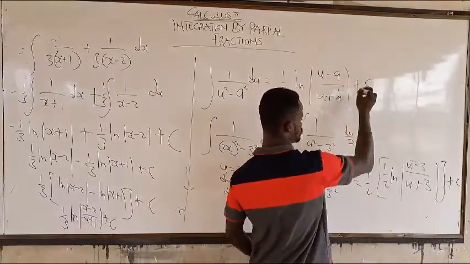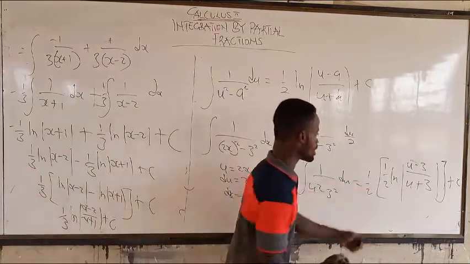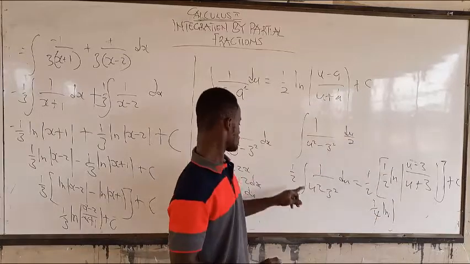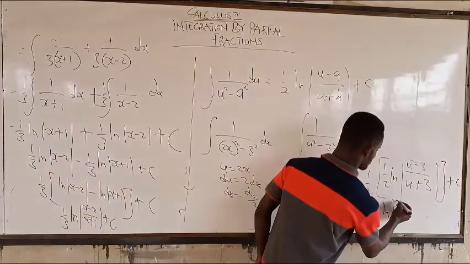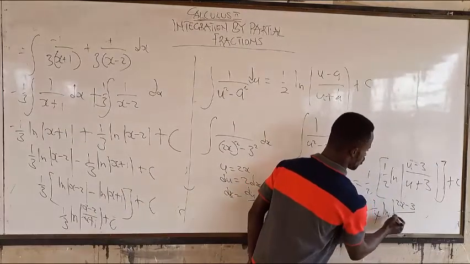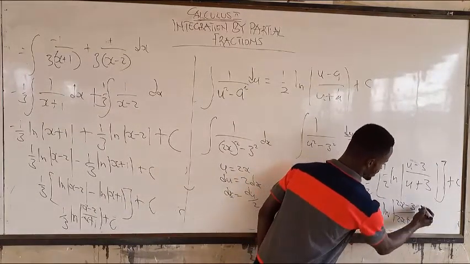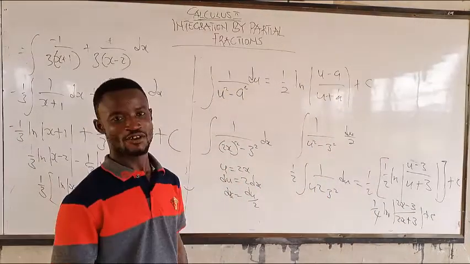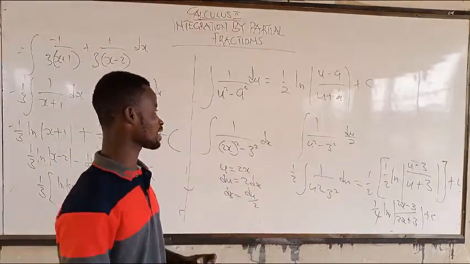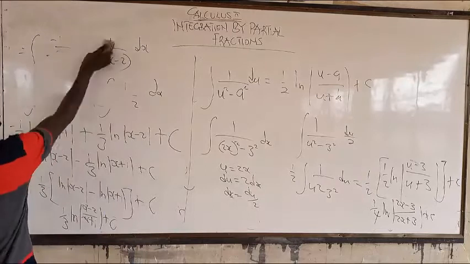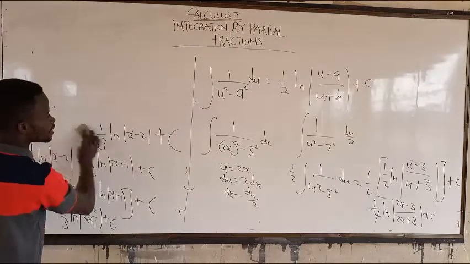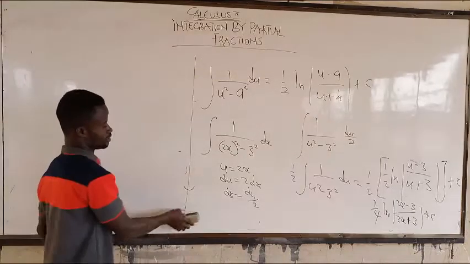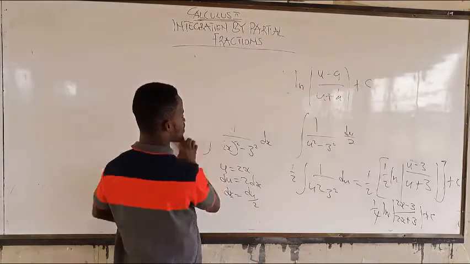And this gives you 1 over 4 ln of (2s minus 3) over (2s plus 3) plus c, since u is 2s. So straightforward, that is going to be your final answer for that. Very good. We are still under case 1, and that is solving by distinct linear factors.